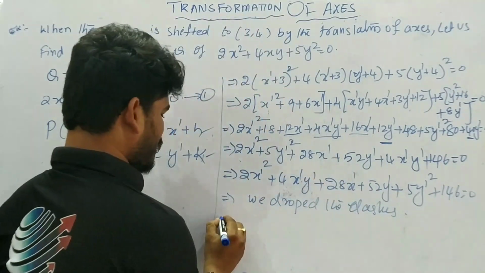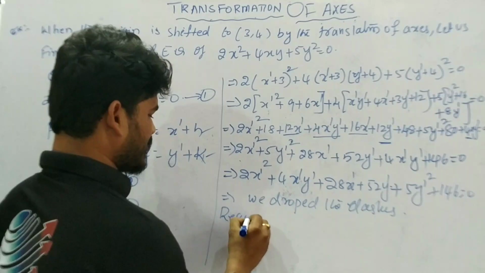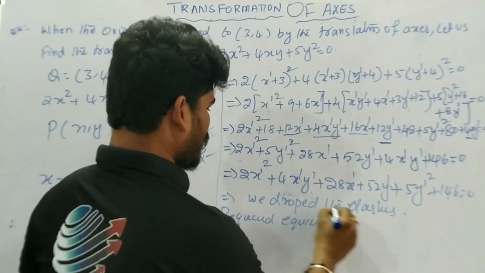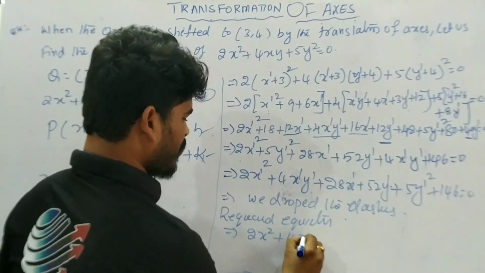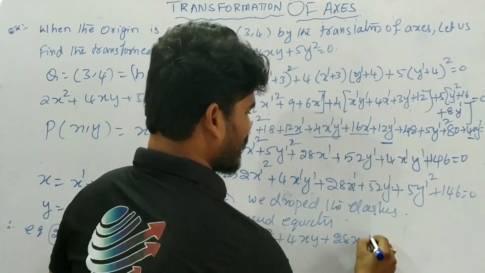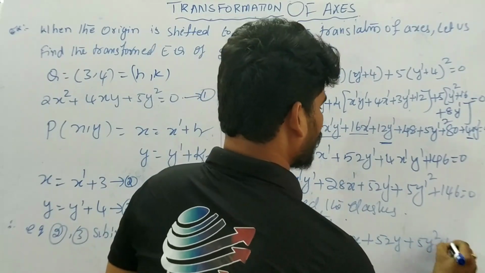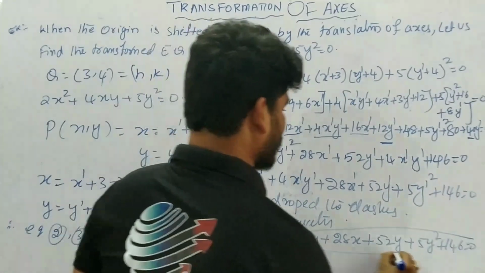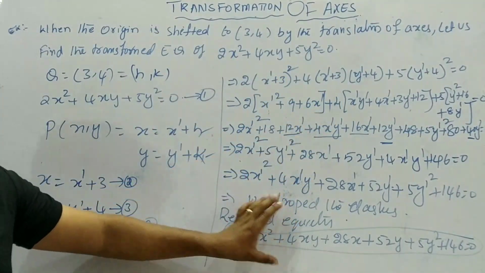The required equation is 2x square plus 4xy plus 28x plus 52y plus 5y square plus 146 equal to 0. This is the required equation after the axis is changed, the new axis equation.